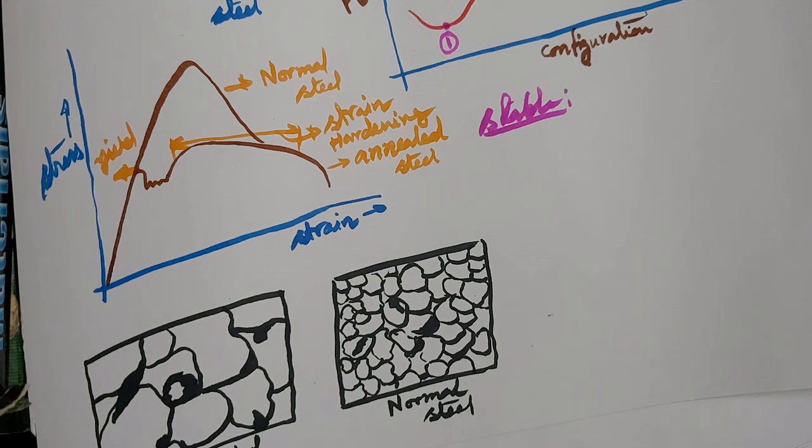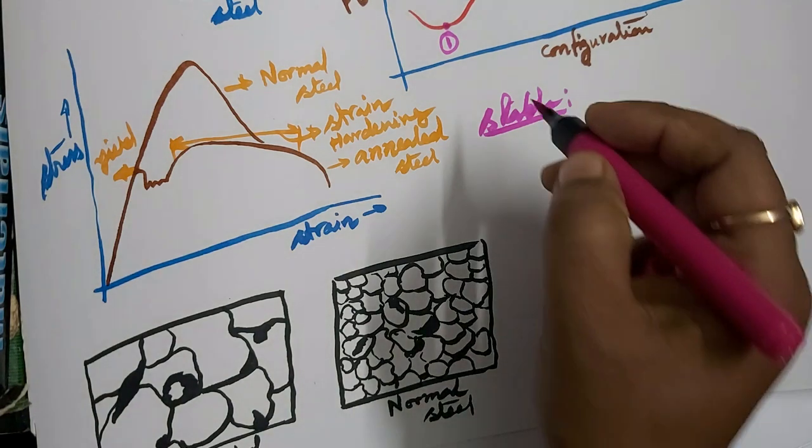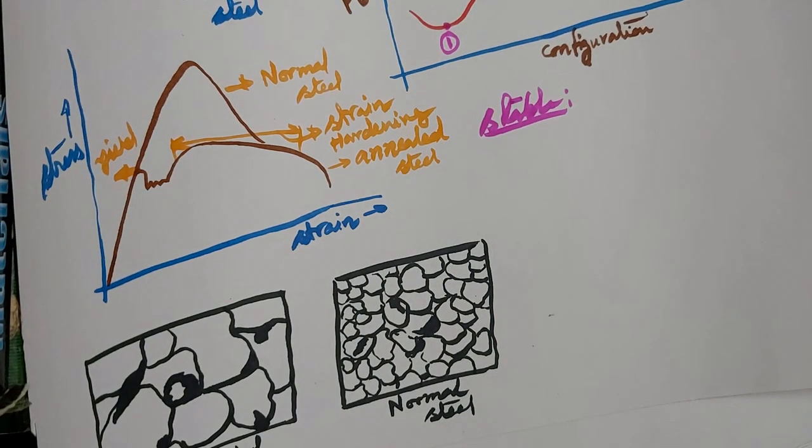The equilibrium is stable if a small perturbation does not change the state or energy of that configuration. Now different types of equilibrium are also there.